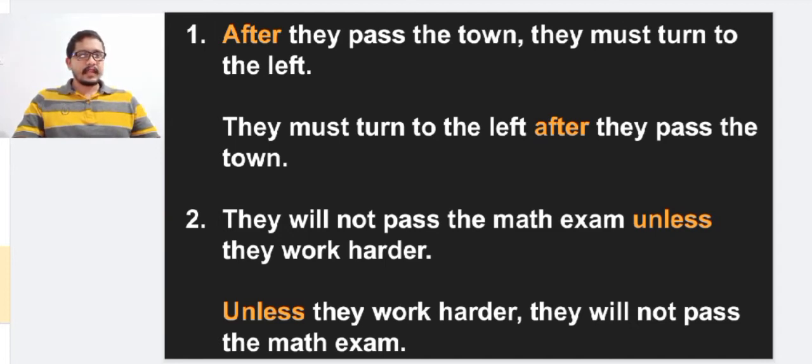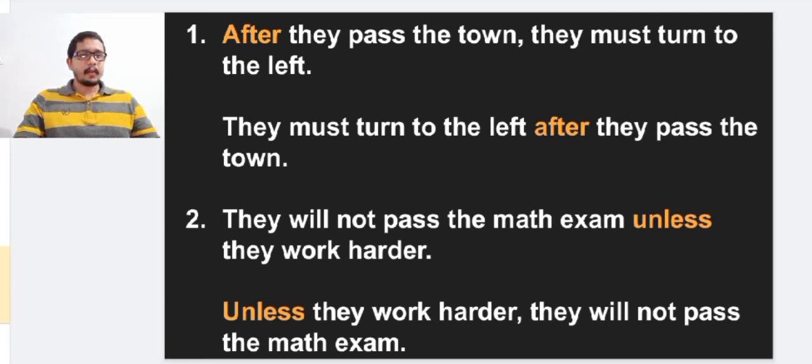Look at the example, the second one. They will not pass the math exam unless they work harder. Here "they will not pass the math exam" is an independent clause because it can stand by itself and give a proper sense. "Unless they work harder" is not giving a proper sense, so it's a dependent clause.